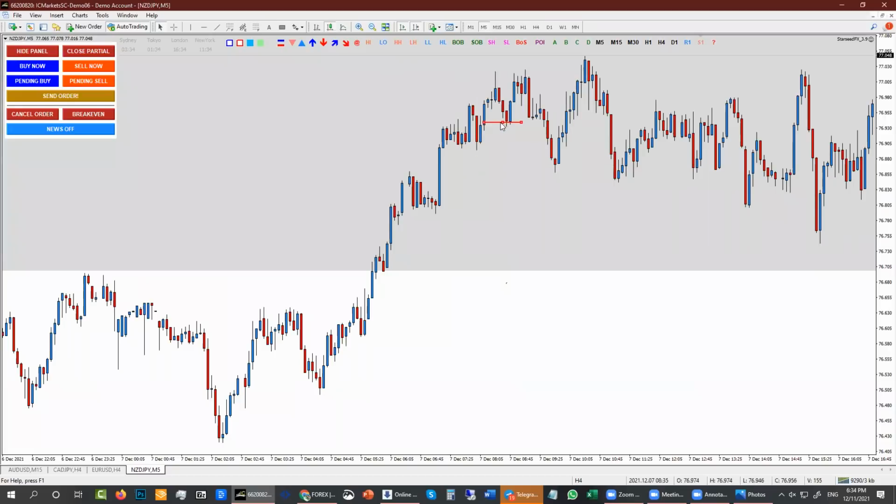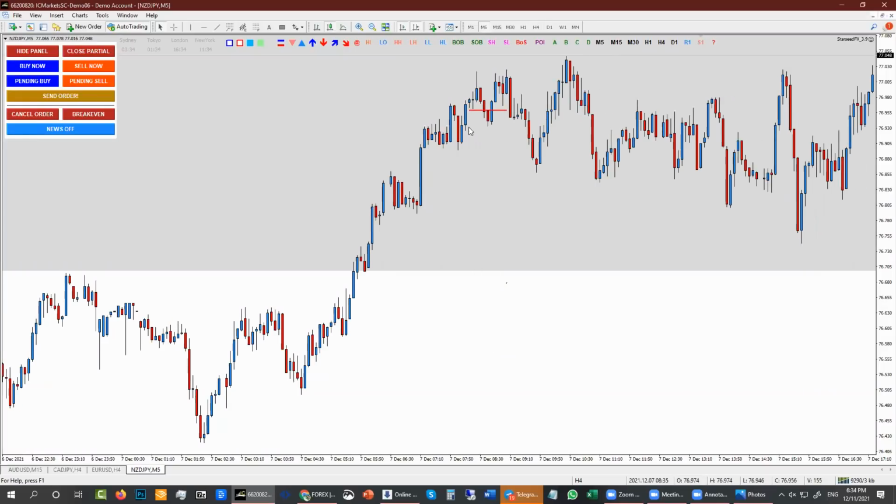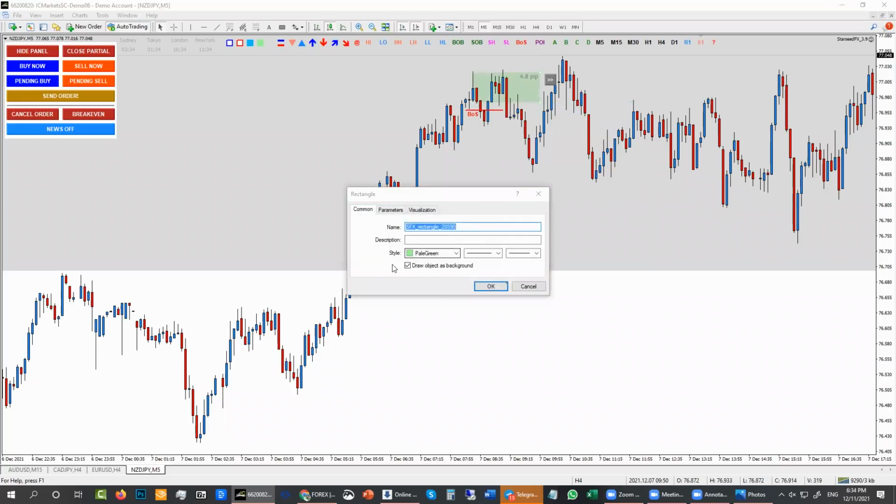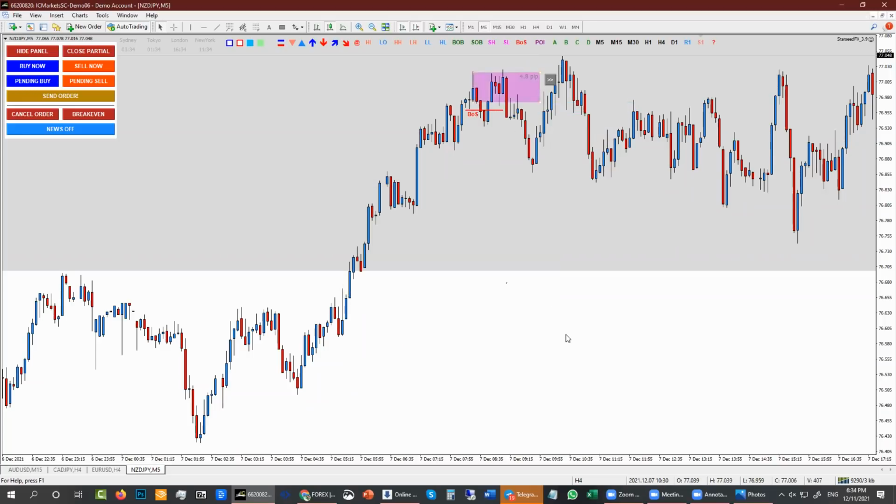Look. Here is the first order block. This is the first break of structure, even though it doesn't really create a lower low. This is a risky one, but let's say you want to take this. It directly hit, so this is a losing one.